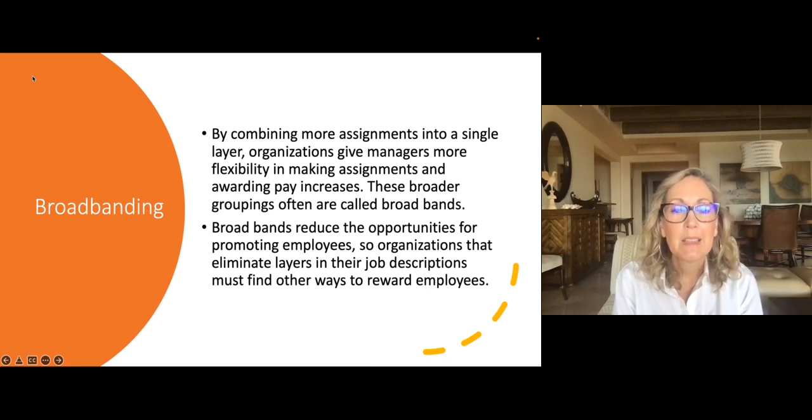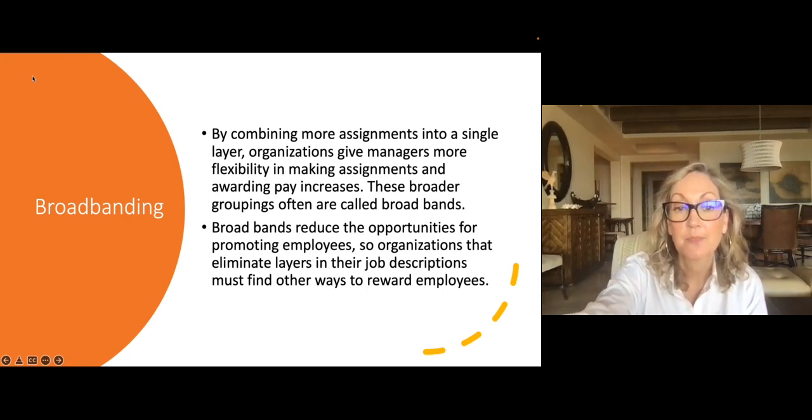So when we eliminate layers in job descriptions and layers in our hierarchy, you have to come up with new ways to reward your employees, because employees like those, I was an analyst, now I'm a manager, now I'm a director, now I'm a vice president, and in broadbands a lot of that has gone away. So we've got to come up with some other way to make people feel valued and rewarded and as if they're making progress.